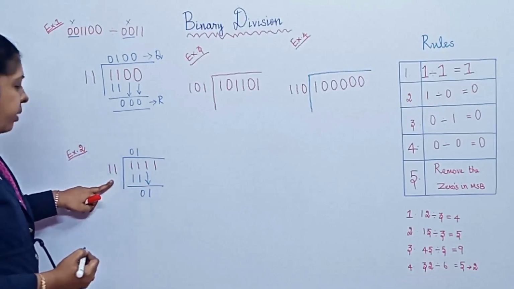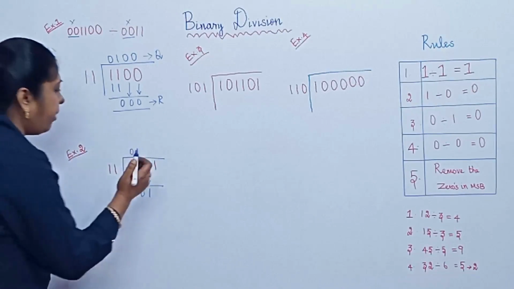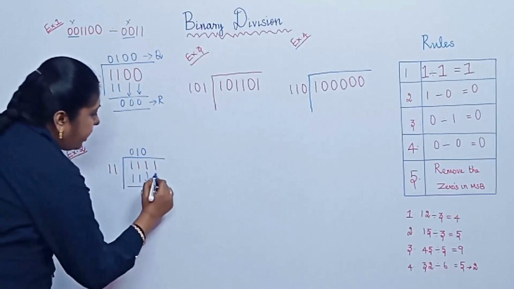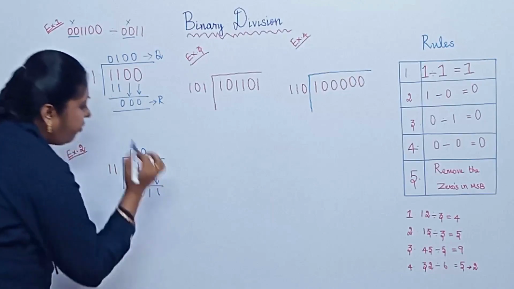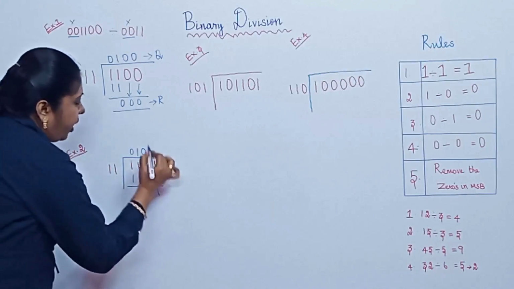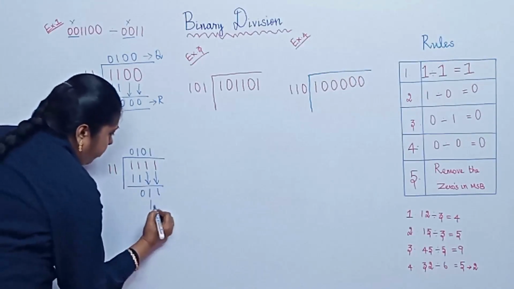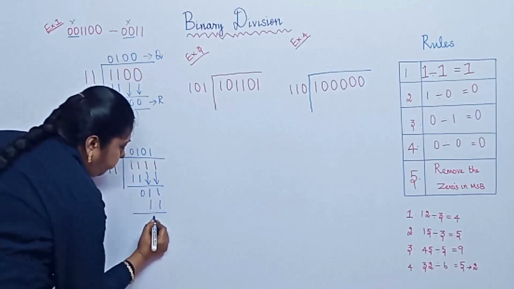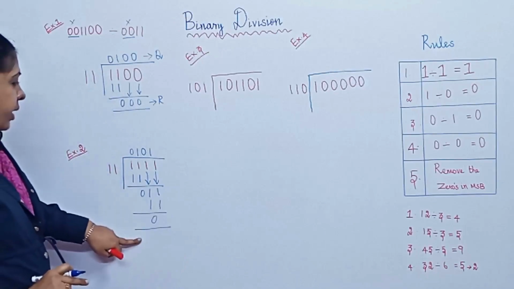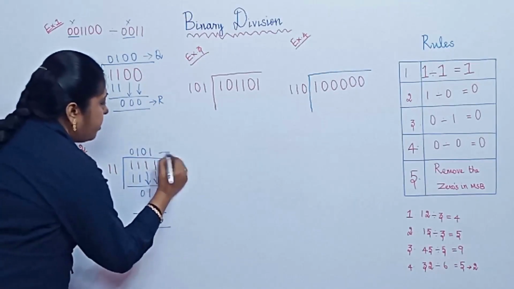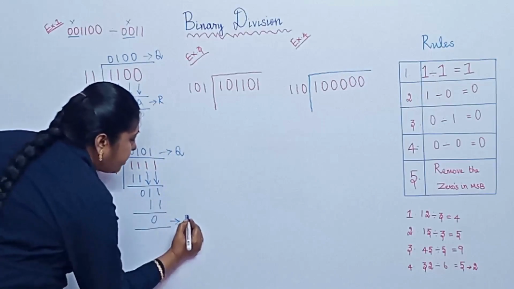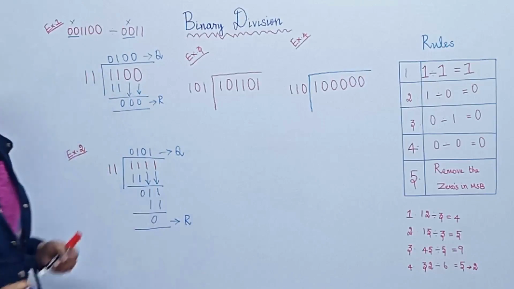This cannot be divided by 11. 01 cannot be divided by 11, so we place a 0 here. Again the next digit 1 we bring down. Now it can be divided, so we place 1. 1 into 11 is 11. The remainder is 0. This 0101 is called the quotient, and this remainder 0 is called the remainder.